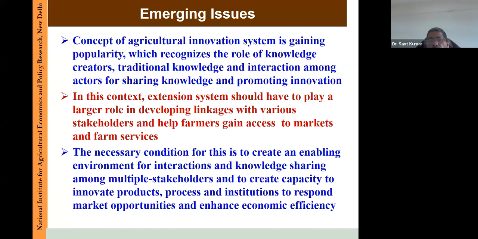So in this context, the extension system should play a larger role in developing linkage with the various stakeholders to help the farmers. So the necessary condition for this is to create an enabling environment for interaction and knowledge sharing among the multi-stakeholders to create the capacity to innovate products, processes, and institutions.